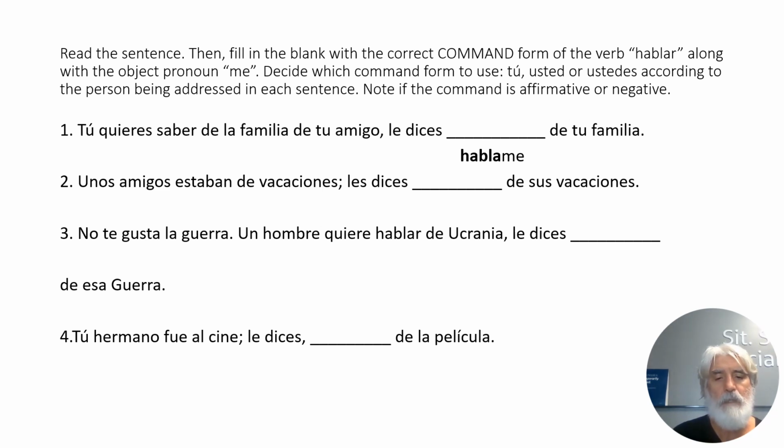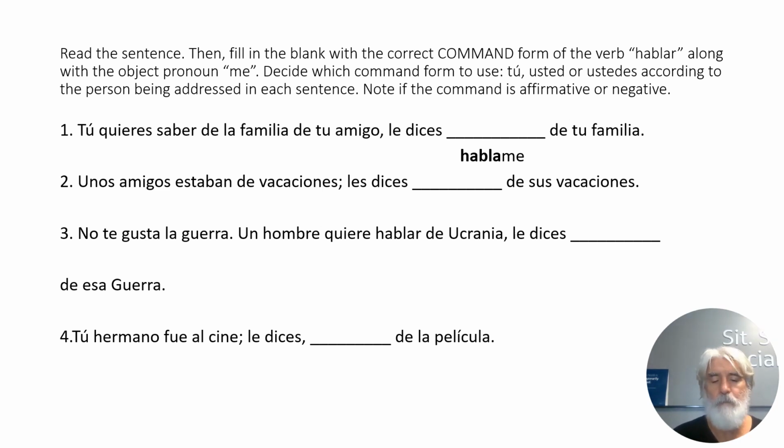Now it says what? Les dices. What does les dices mean? Tú les dices. You tell them. So now you're giving a plural command, right? An ustedes command. Tell me about your vacation. In Spanish, vacation is always plural. Las vacaciones.